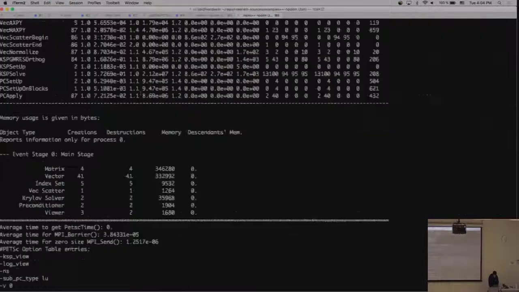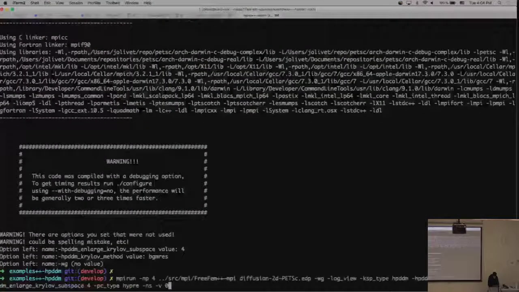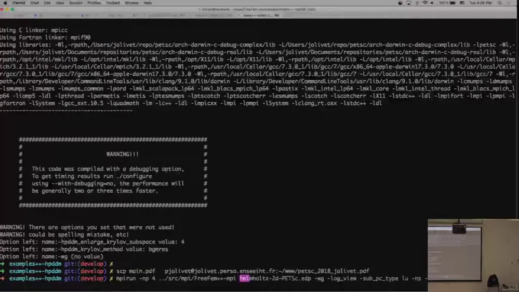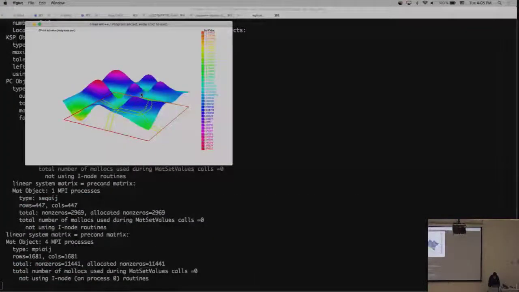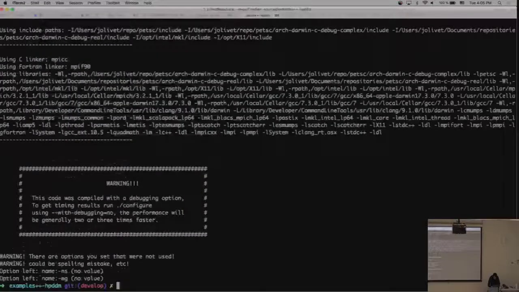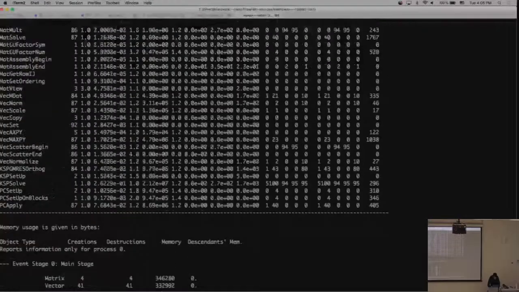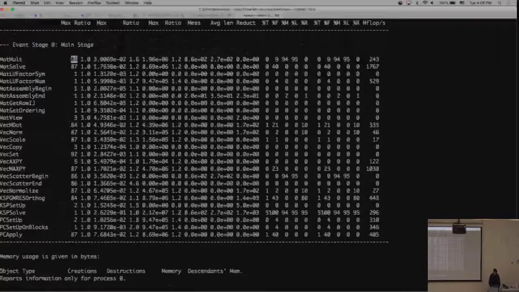But if we go to Helmholtz, for example, I'm doing a block Jacobi with LU inside the blocks. This is the real part, this is the imaginary part. And we can see that we are doing 86 MatMults, and we have to apply the preconditioner 87 times because I'm doing right preconditioning.